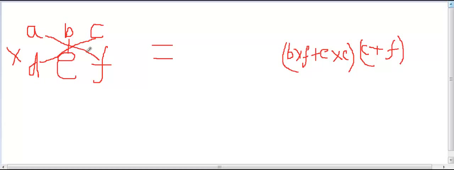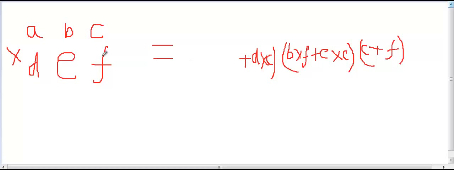and E. Okay, let me write it numerically, and it will be written like this: D multiplied by C. Okay, let me bracket it here.